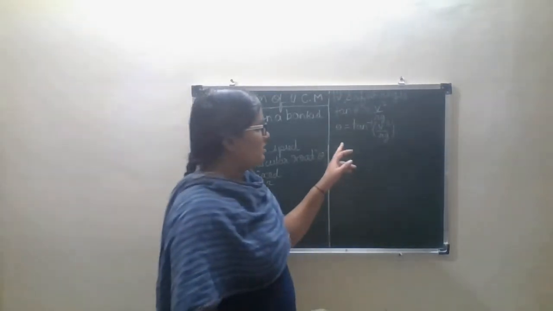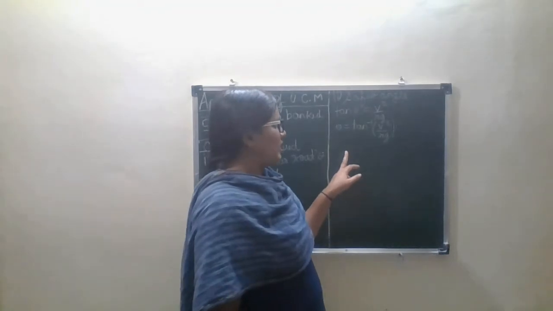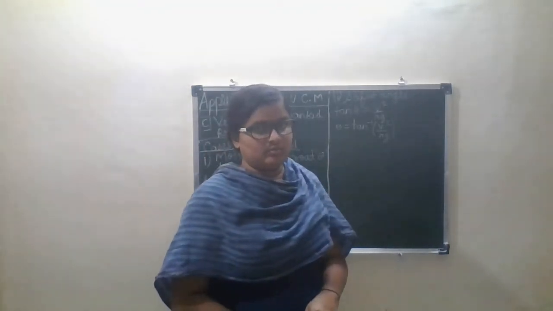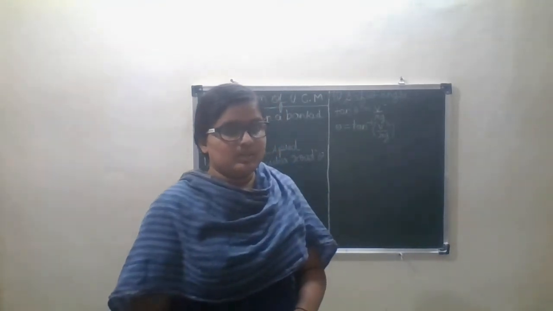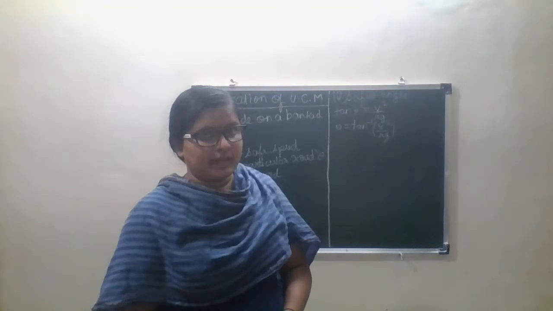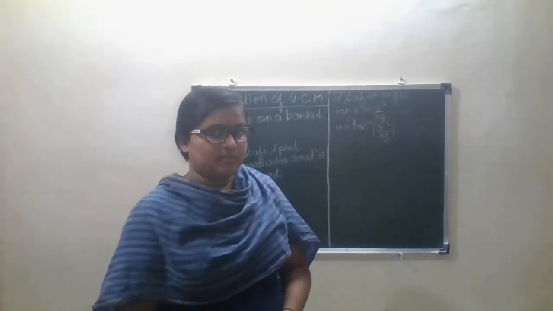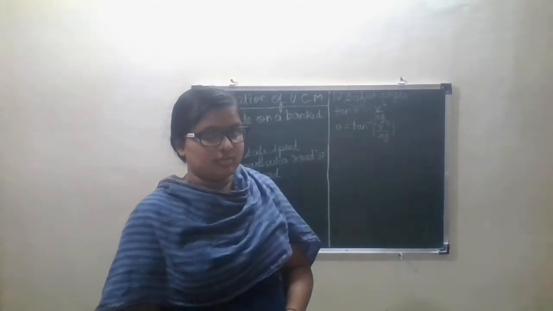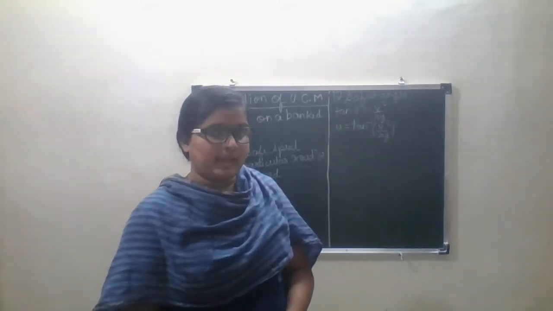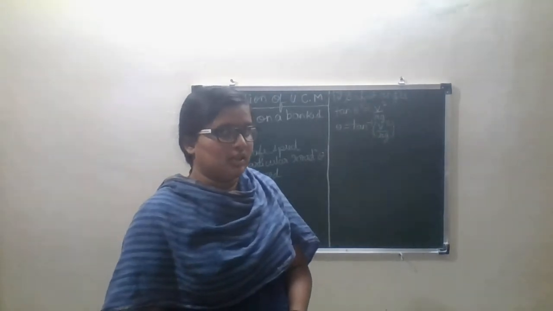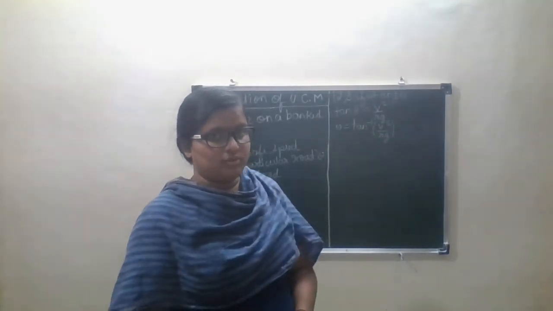And the second case is the safest angle. What should be the safe angle? Sometimes in problems they may ask you for the angle theta. Sometimes the radius or velocity is given, and we have to find the angle theta. In this case, this formula we have to use.